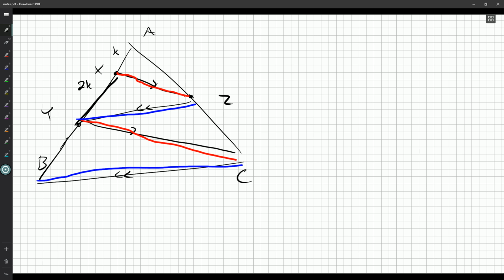Anyway, parallel lines always hit a common line at the same angle. So we've got the same angle here, which we'll put in color, maybe yellow, as down here. And same thing with these blue ones. They always hit at the same angle here.